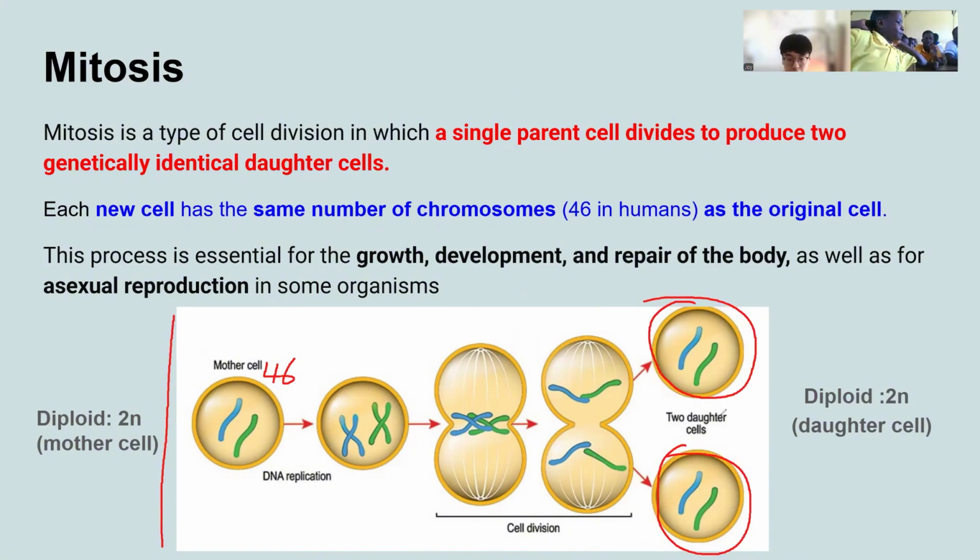So 46 just divides into two cells, both with 46 chromosomes. And this replication is important for growth, development, and repair of the body, as well as asexual reproduction in some organisms.